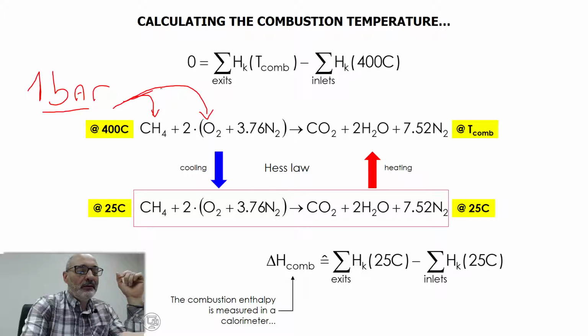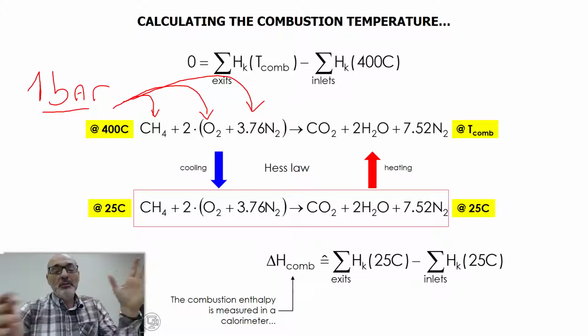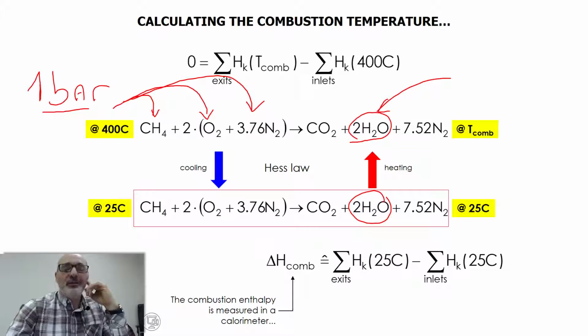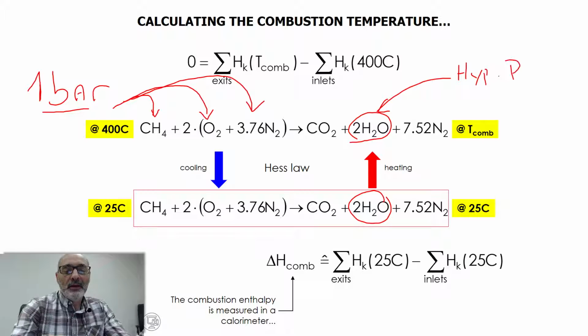So I'm just figuring that 0.1 is the partial pressure of H2O in the vapor phase after the reaction, okay? Just as a hypothesis, the pressure of H2O is 0.1 bar.